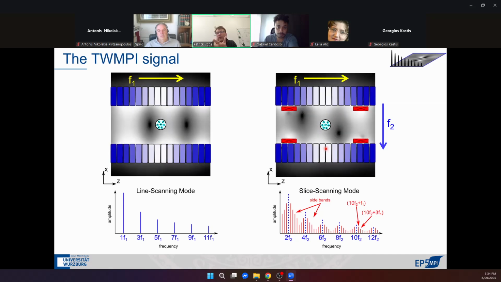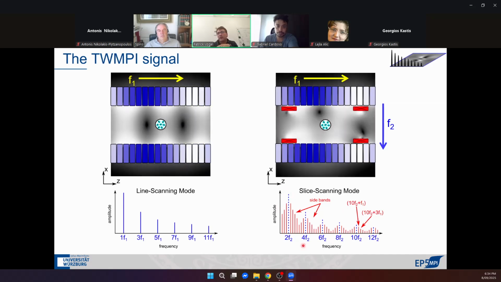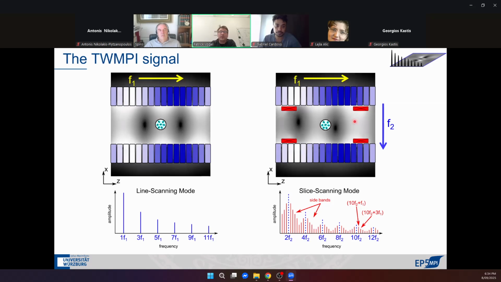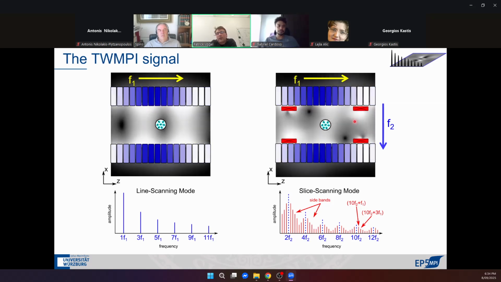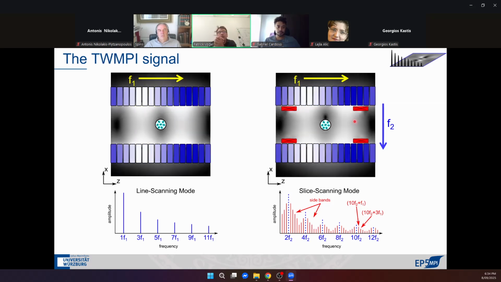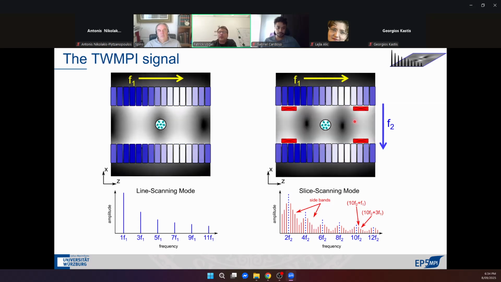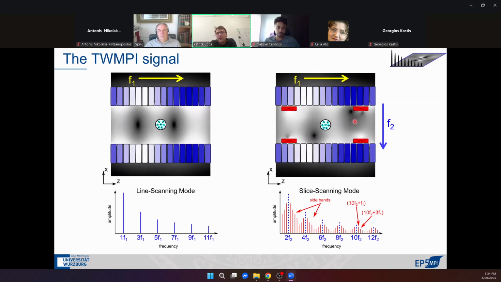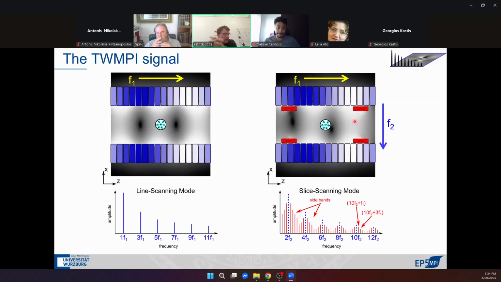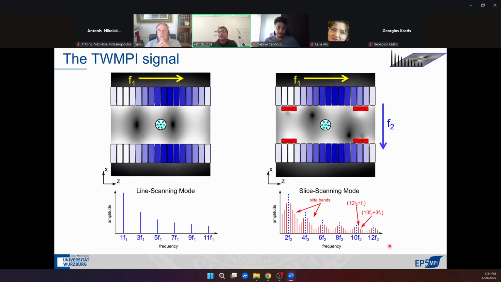Together, you get a whole bunch of higher harmonics in the spectrum of the signal created within such a scanning mode. And when you add the third frequency, which you might need for 3D imaging, you get higher harmonics of the third frequency as well, and all these frequencies will combine together and fill up your spectrum quite rapidly.